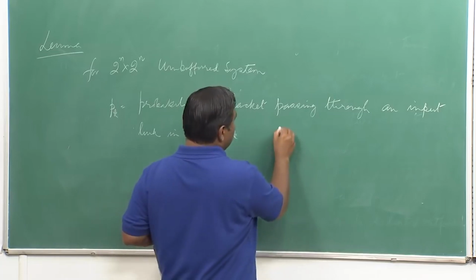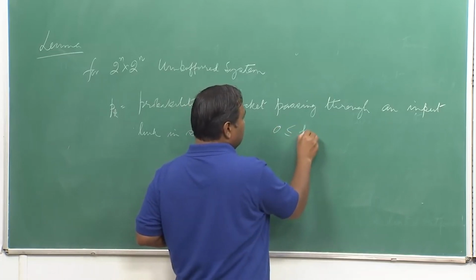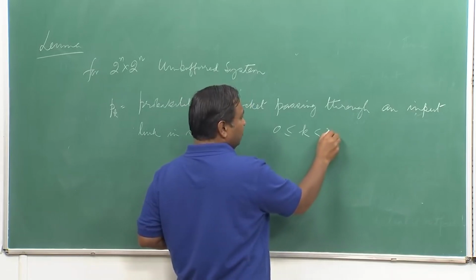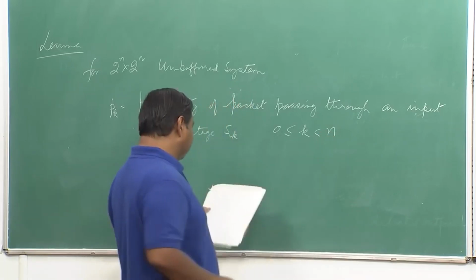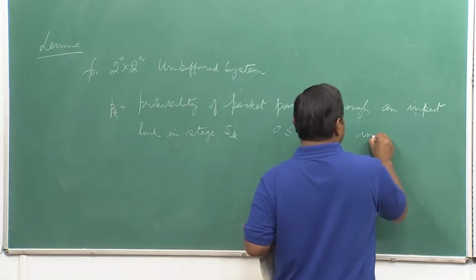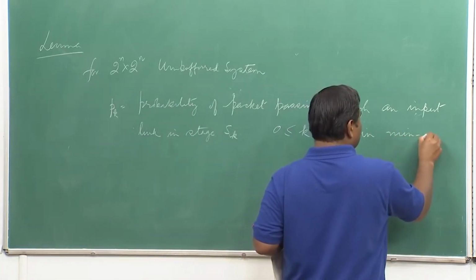Here k goes from 0 to less than n, because I am counting from 0, and this will happen in a min d slot.